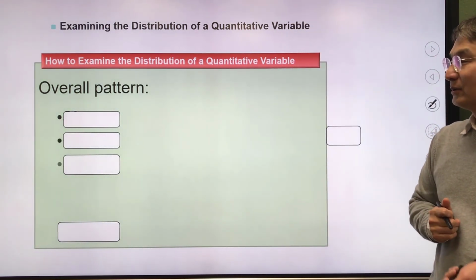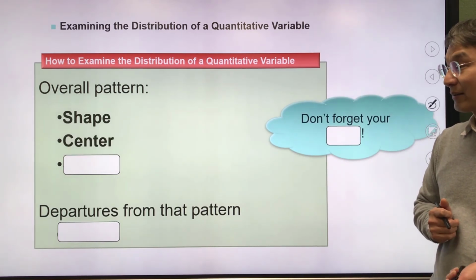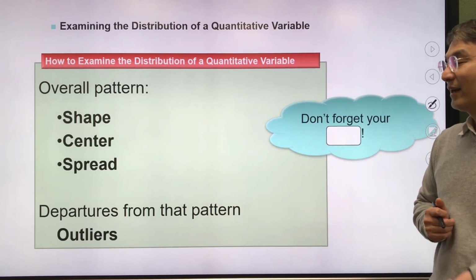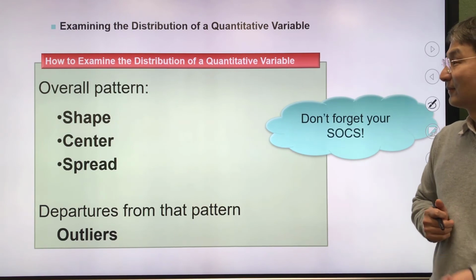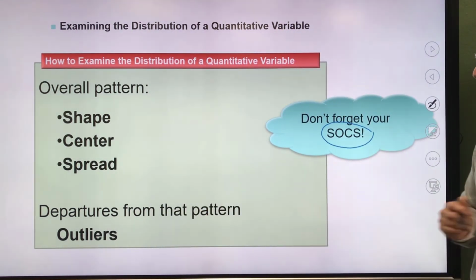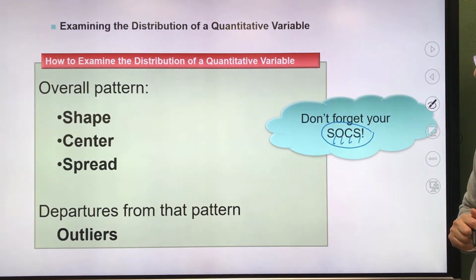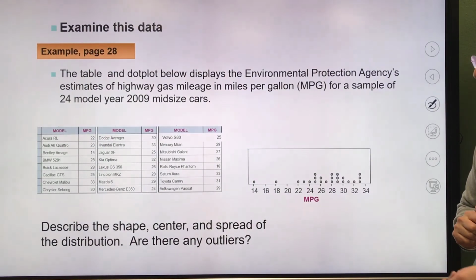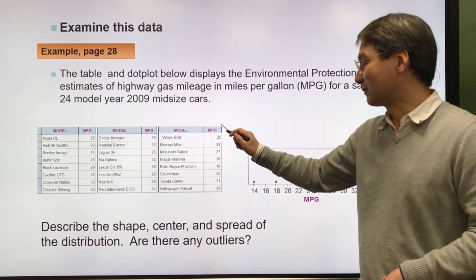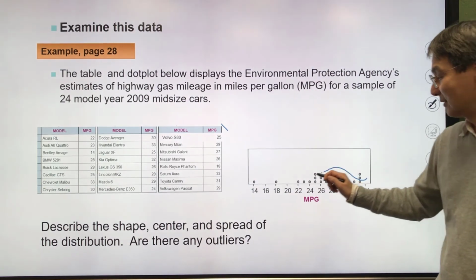You need to show the shape of the distribution, center, spread, and outliers. In short, you remember it as SOCS, the 4 elements of a distribution. But let me show you an example. The data set is given. It's better to have a distribution like this.